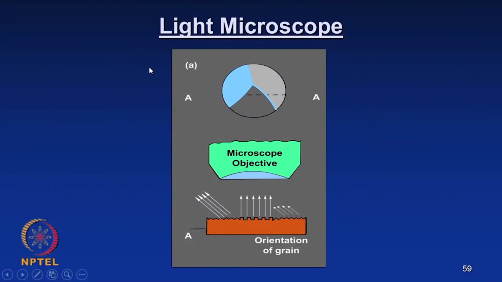This is just to give you an introduction about this microscope. You have an objective, you have the specimen here, it is a schematic of an etched surface, and you see that light is being reflected at different orientations due to the different orientations of the grains.